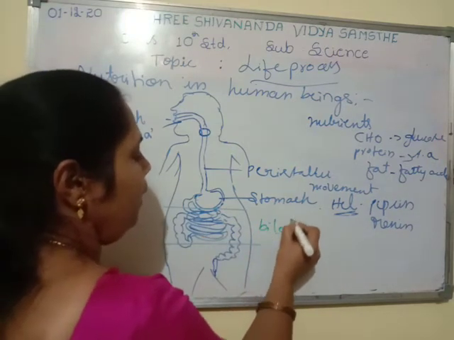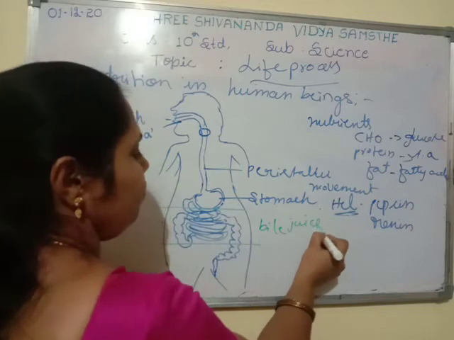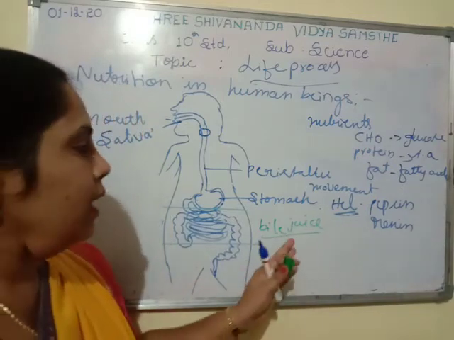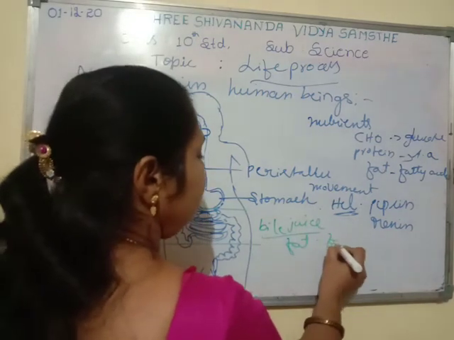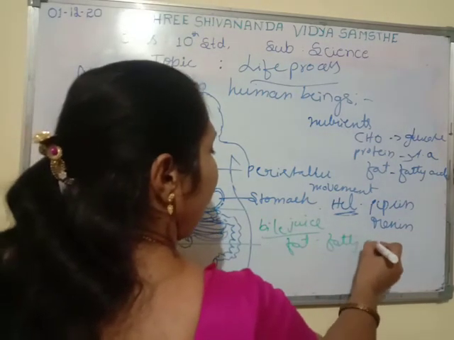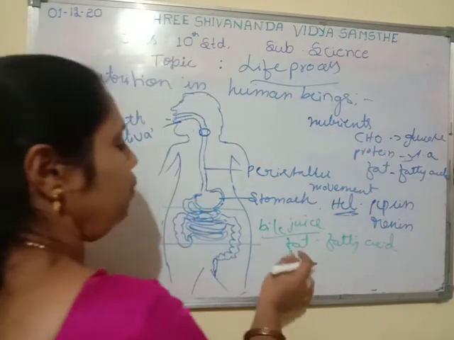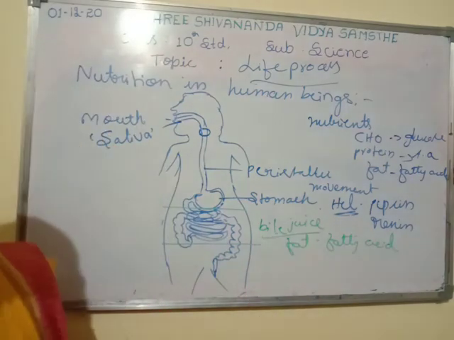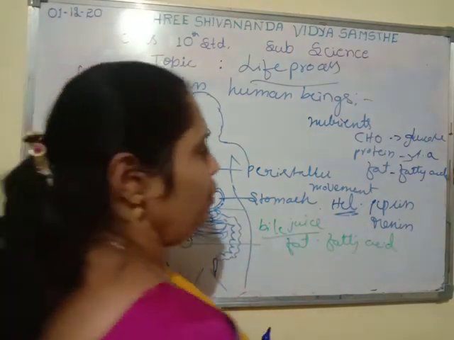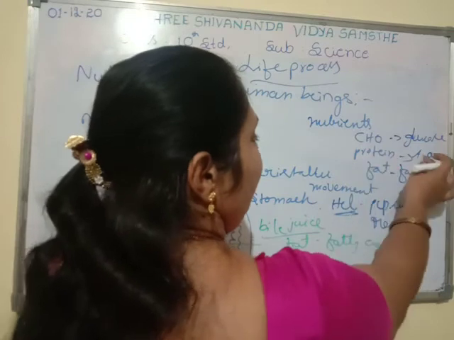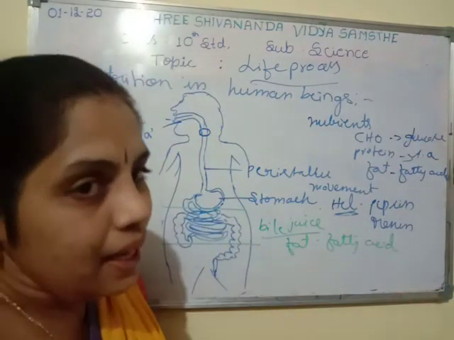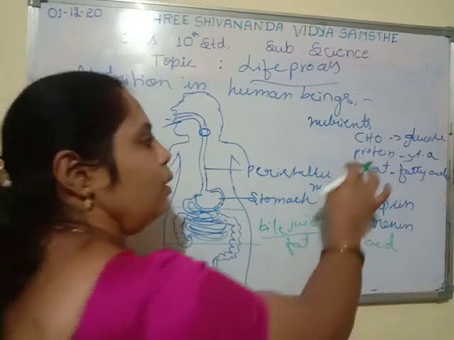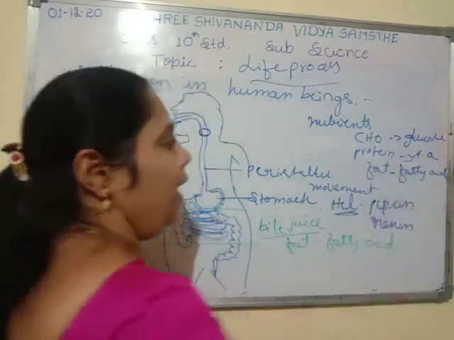Bile juice converts fat into fatty acid. Fat ನ fatty acid ಆಗಿ convert ಮಾಡೋದು bile juice. And amylase enzyme converts protein into amino acid.